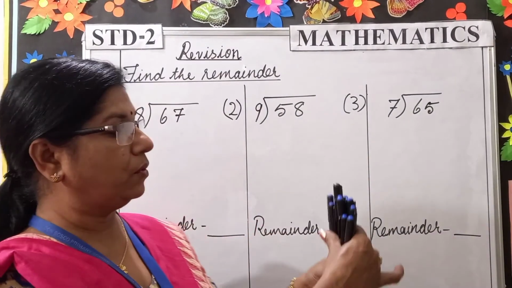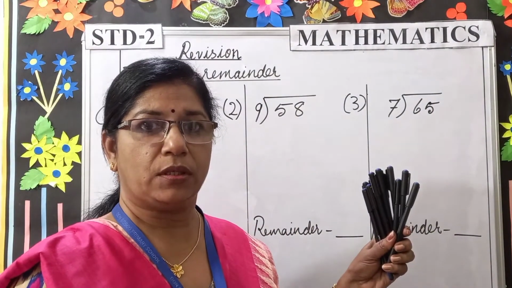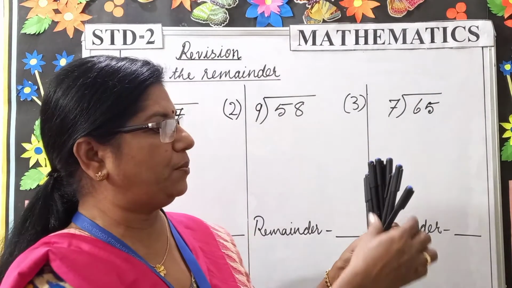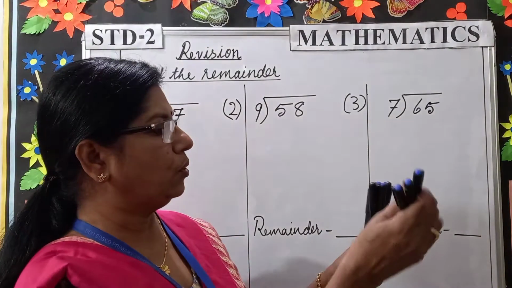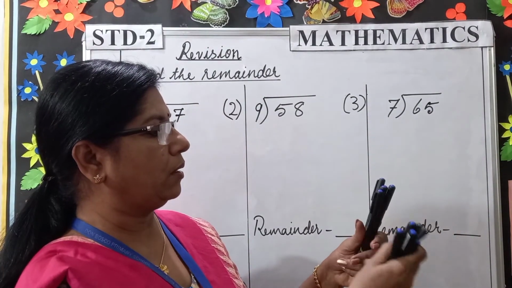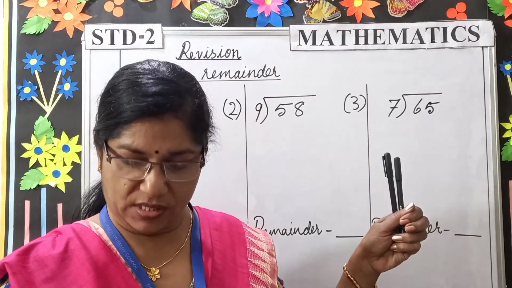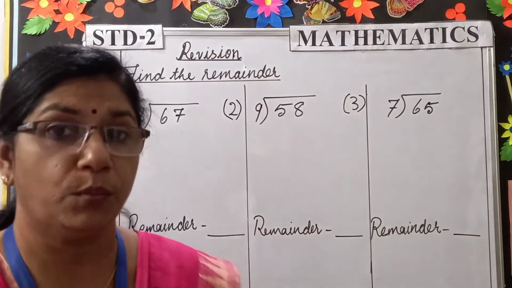Here I have 14 pens. I have to distribute among 4 children equally. If I distribute 3 each, 1, 2, 3, 4 students. How many left, children? 2 left. So this is called remainder. Now let's do some on the board.